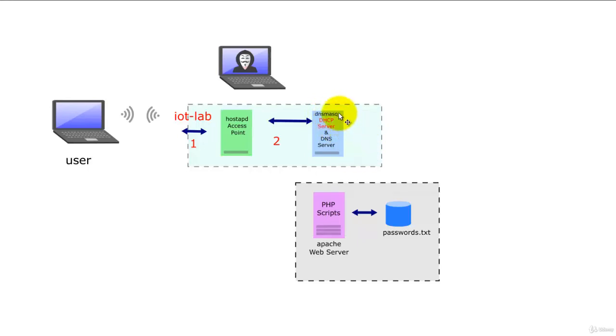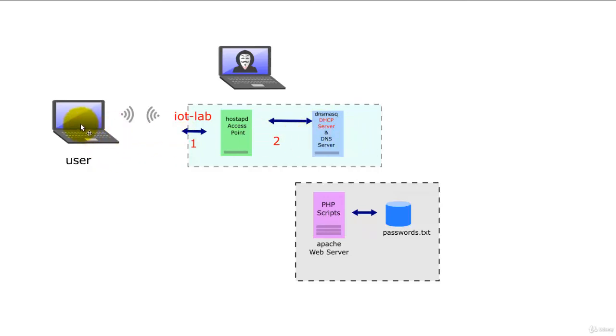Dnsmasq is able to act as a DHCP server. DHCP stands for Dynamic Host Configuration Protocol. So it allows any client to have an IP address which is dynamically created and assigned for the user who connects.